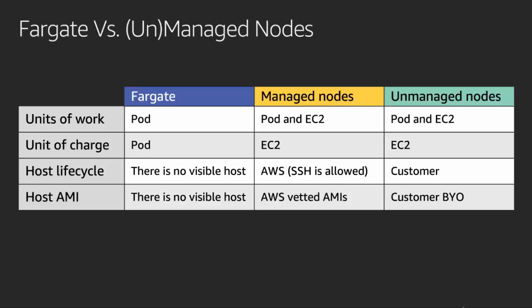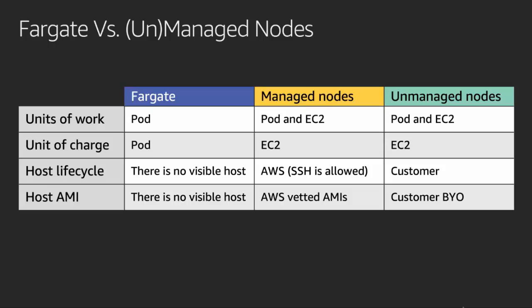The other important thing when it comes to the difference between Fargate and managed or unmanaged worker nodes is the host lifecycle, which includes the AMI that you're going to pick for running those EC2 instances. For Fargate, this is just not visible. You don't have to manage the lifecycle of those EC2 instances because we do that behind the curtain for you within the Fargate fleet.